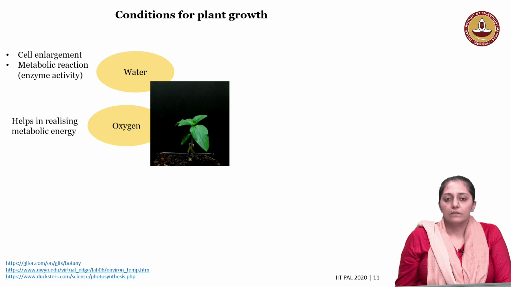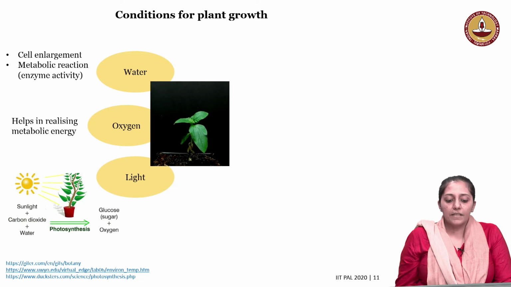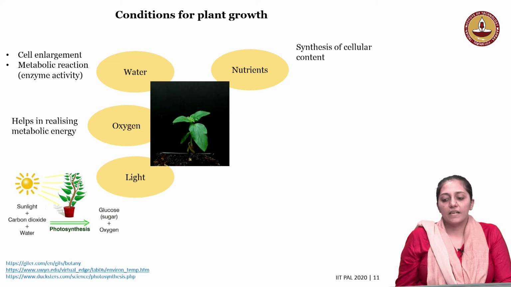Water, we know, will help in cell enlargement. It is also utilized in metabolic reactions and is important for enzyme activities. Oxygen is a gaseous nutrient which helps in releasing metabolic energy. Light, again, helps in generation of energy. Then nutrients, these are required for synthesis of cellular content.